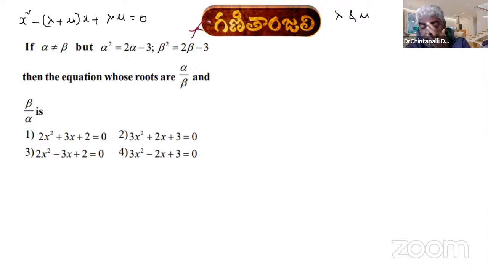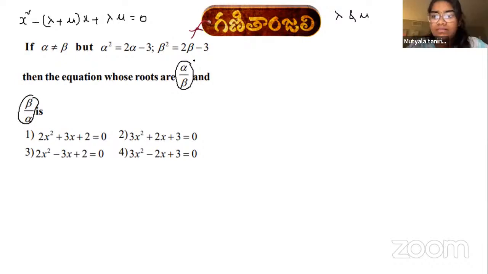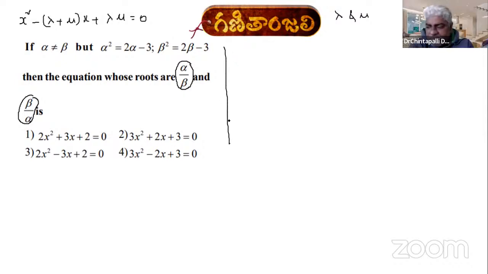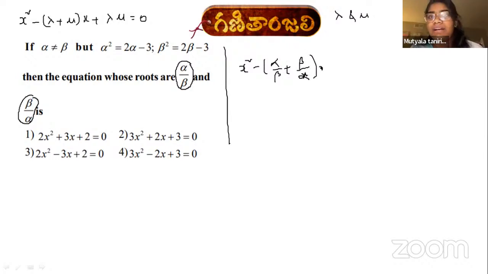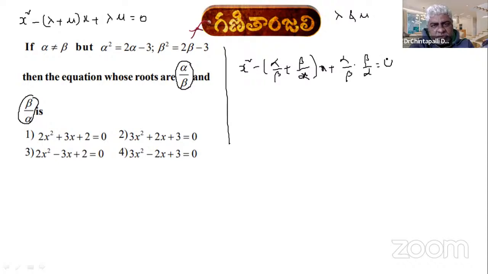Yes, sir. And think about it: the first value is alpha by beta, the second value is beta by alpha. Please tell the equation whose roots are alpha by beta and beta by alpha. x square minus alpha by beta plus beta by alpha times x plus alpha by beta times beta by alpha is equal to 0, right?